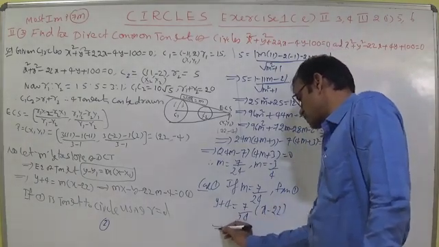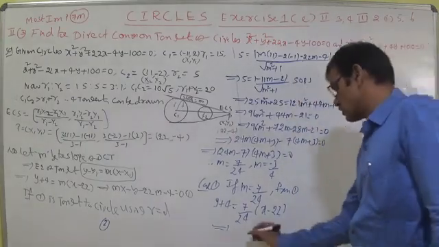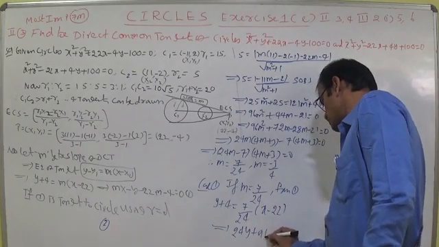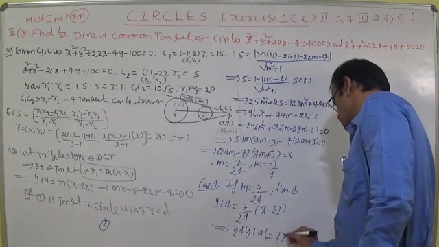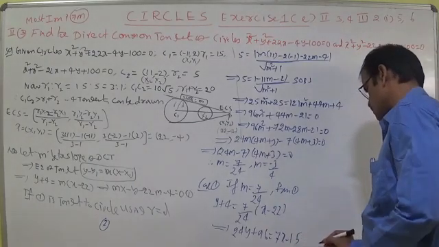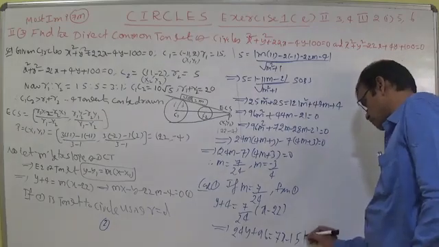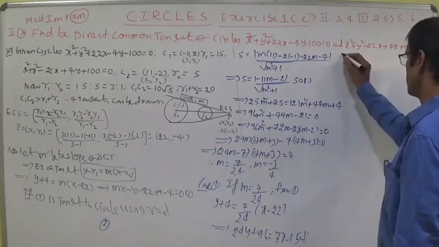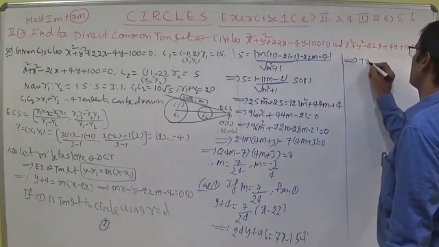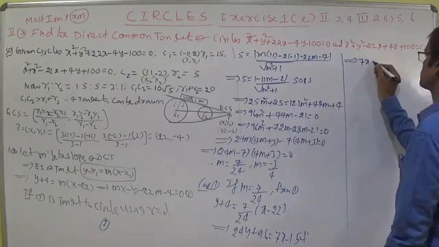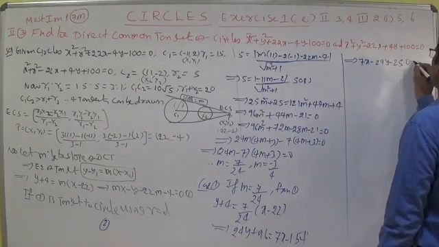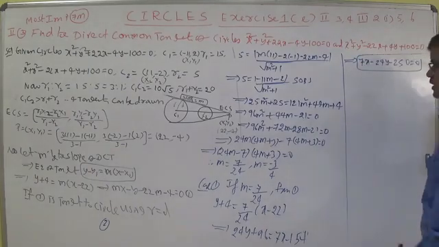By taking cross multiplication, 24y plus 96 is equal to 7x minus 154. Yes, 154. That implies, taking that term this side, 7x minus 24y minus 250 equal to 0. This is an equation of direct common tangent.